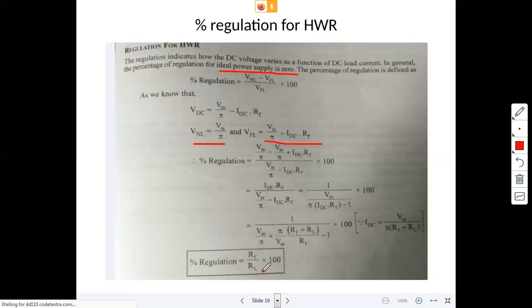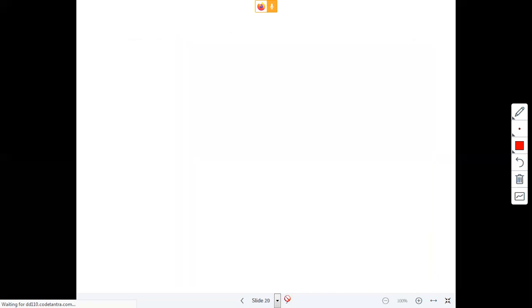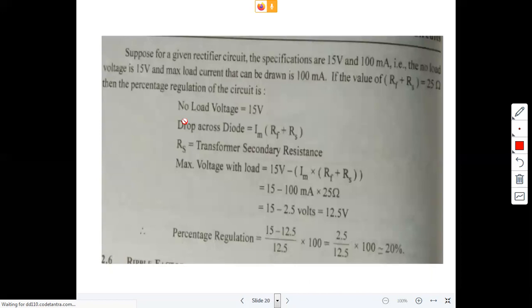But for the half-wave rectifier circuit, percentage regulation mainly depends upon RF by RL into 100, and RF is not equal to RL. Here is a small problem. For a half-wave rectifier circuit, the specifications are 15 volts and 100 milliamperes. The no load voltage is 15 volts.